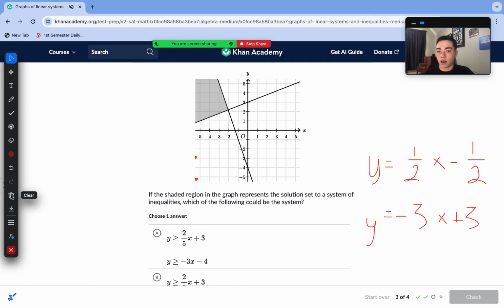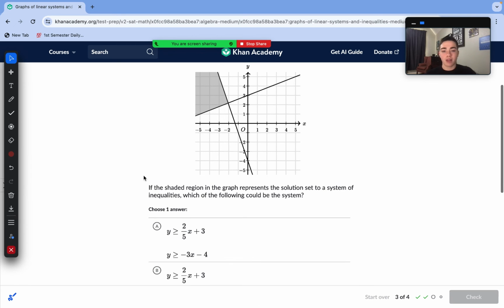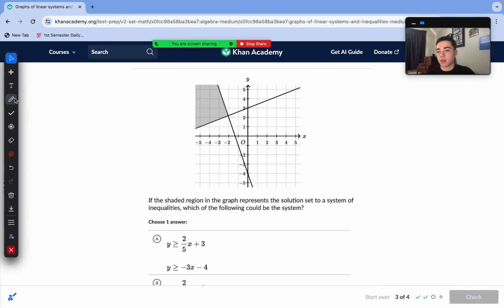On to our next question here. If the shaded region in the graph represents the solution set to a system of inequalities, which of the following could be the system? So we need to go from our graph, create two different inequalities to represent this. Let's just start using this line. We already know our y-intercept is negative 4. So that's going to be part of our line, and then we can figure out our slope by finding two grid intersections.